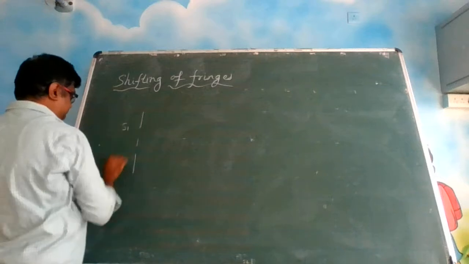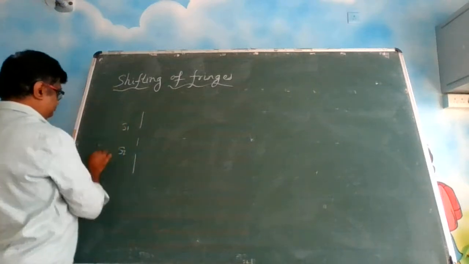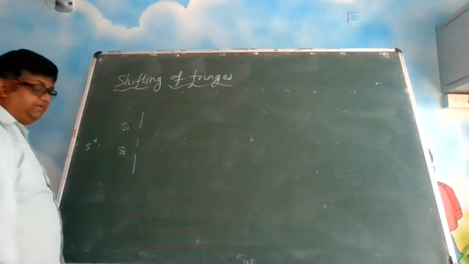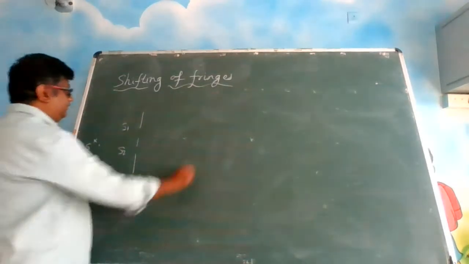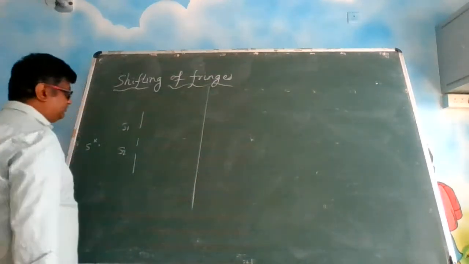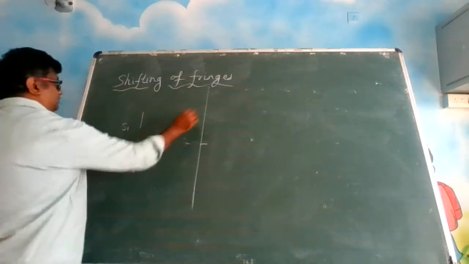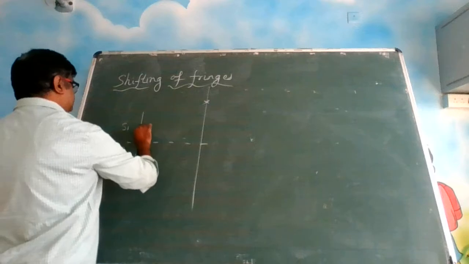Let us say this is S1, S2. There is some source here which is emitting light, and this is your screen. So you take a point here.